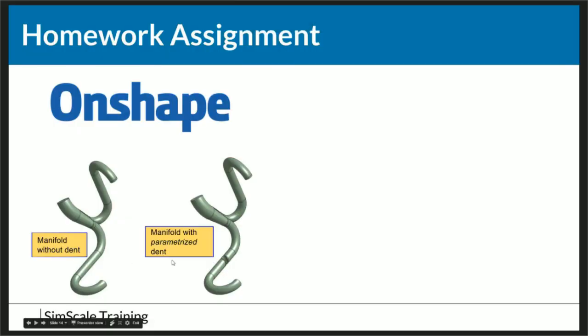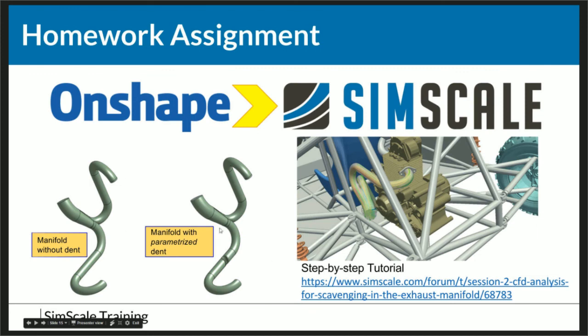This Onshape project would also be provided to you, and you can just change one parameter and modify the shape of the dent yourself. Once you have modified this dent, you would export it onto the SimScale platform, and you could do your own setup with the same parameters as the exhaust without the dent, and just analyze what effect your dent has on your flow.